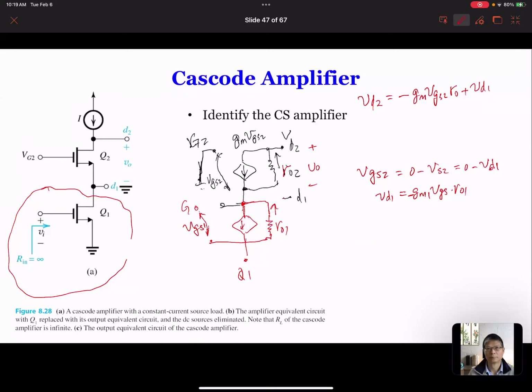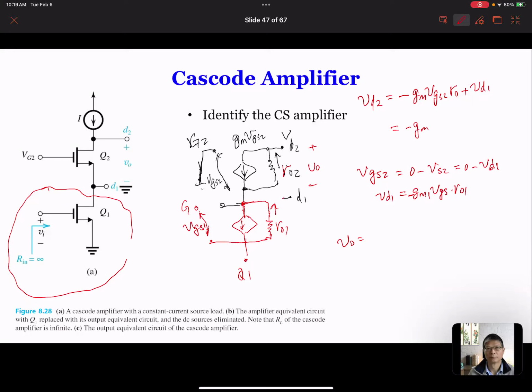So VO now we can calculate. VO is equal to, as you can see from there, we got VD2 equal to gm times VGS2, and then plugging in VGS2, which is minus VD1. Oh, hold on. This is relative to ground.